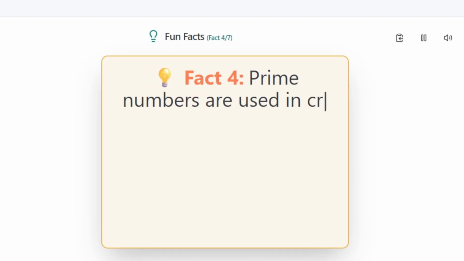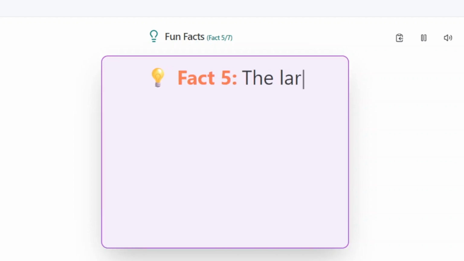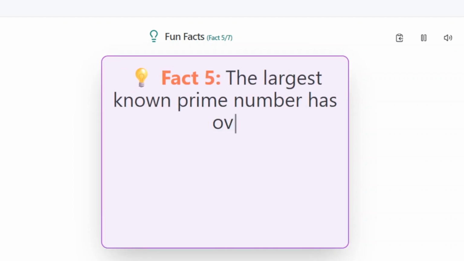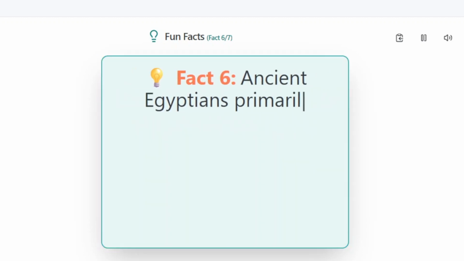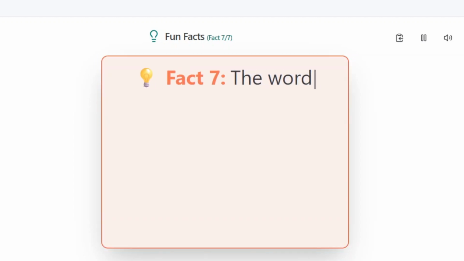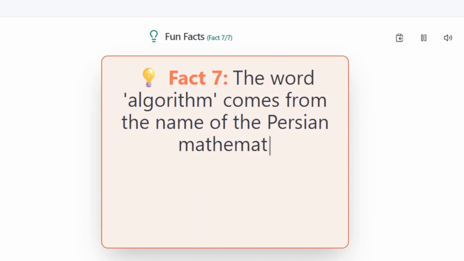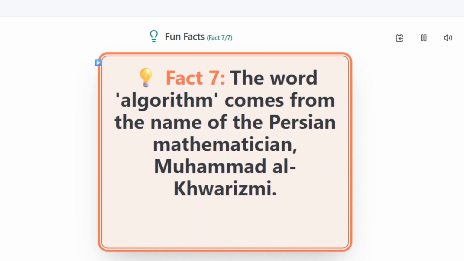Prime numbers are used in cryptography to secure online transactions. The largest known prime number has over 24 million digits. Ancient Egyptians primarily used fractions with a numerator of 1. The word algorithm comes from the name of the Persian mathematician Muhammad al-Khwarizmi.